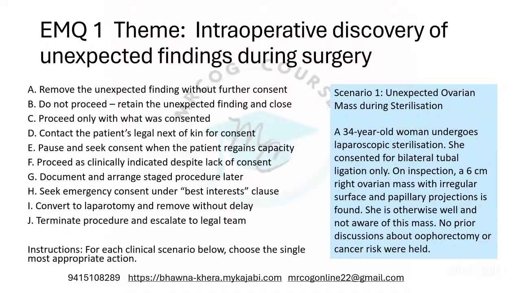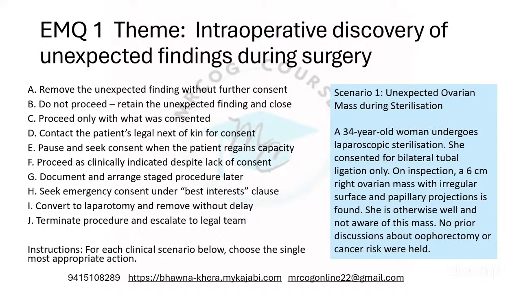My question is, can we do laparoscopic sterilization in this patient safely? Or will it make a difference to this patient if she has ovarian mass? Would you like to carry on with laparoscopic sterilization? Yes, no, what do you say? Can this be done safely?